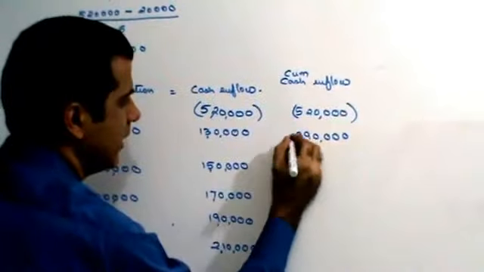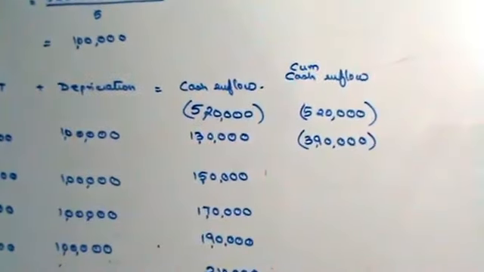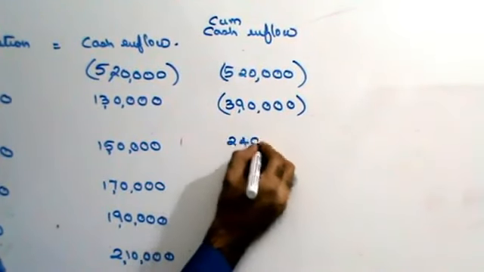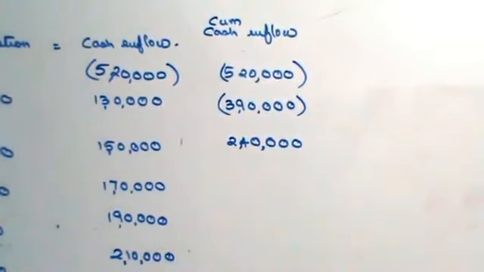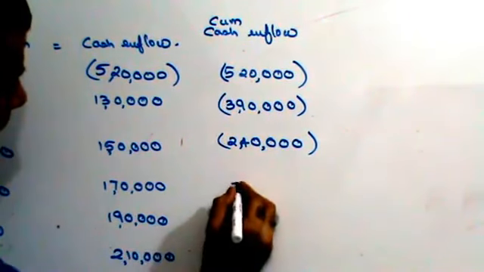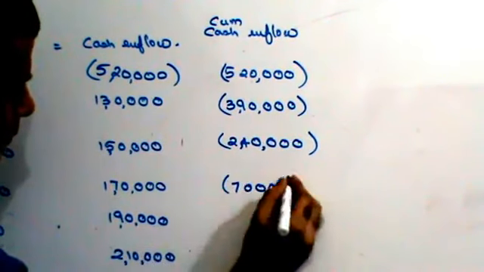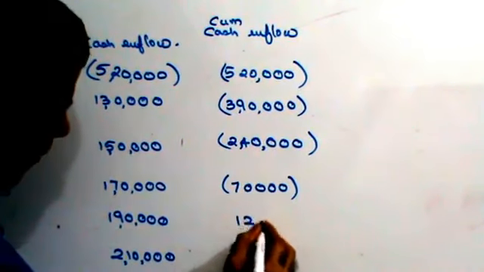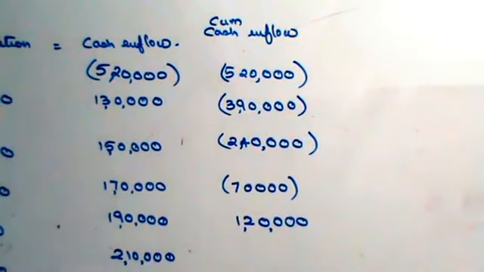This is going to be 390 negative, 390 plus 150, negative 390, 290, 240, 240 negative, 240 negative plus 170, 70,000 negative, 70,000 negative plus 190, 120 positive. As soon as you get positive figure, you stop, right?